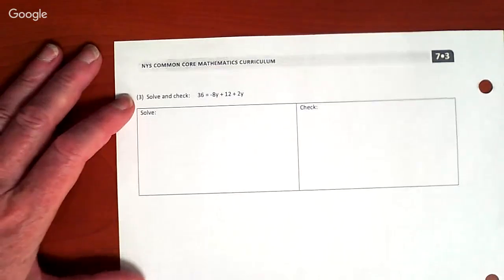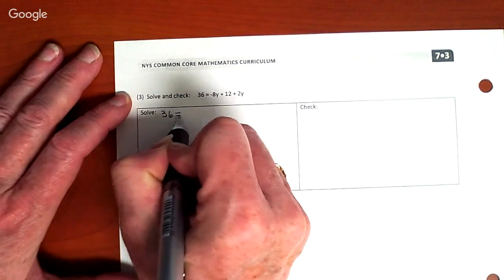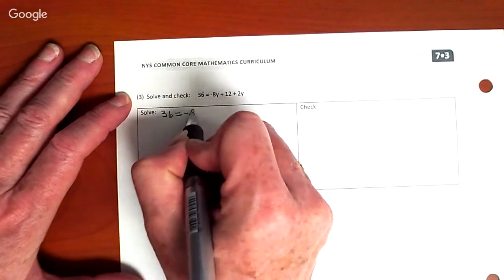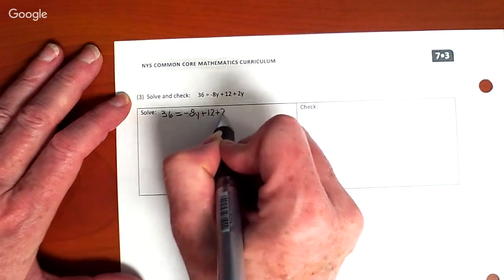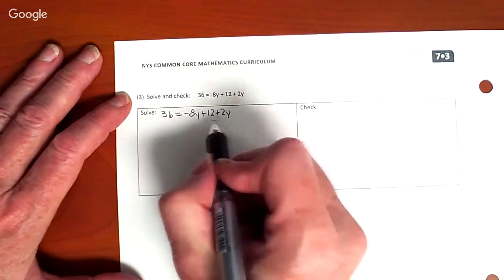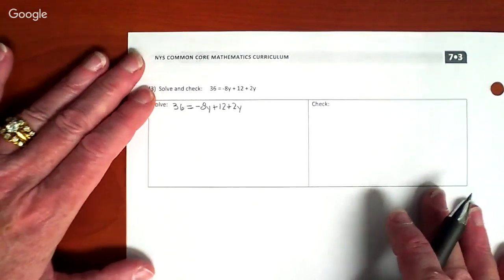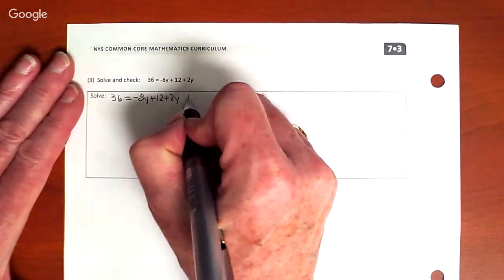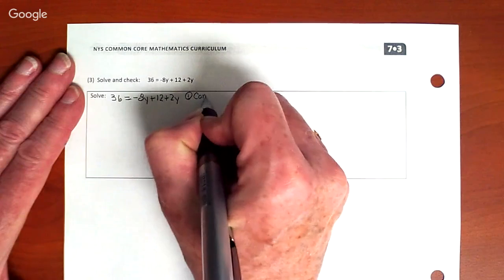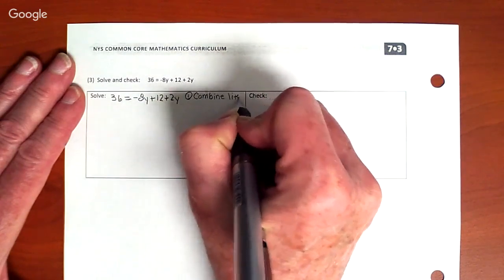Our last problem, we have 36 equals -8y plus 12 plus 2y. And just because they're not next to one another doesn't mean we don't combine them. We still do. Okay. So we are going to combine like terms.